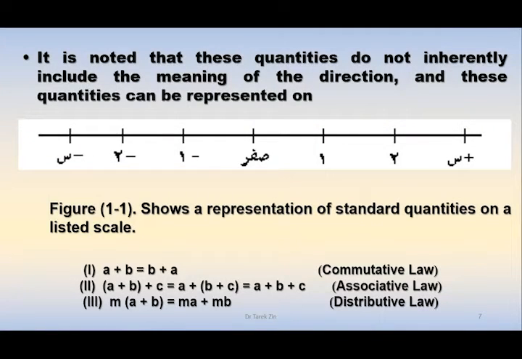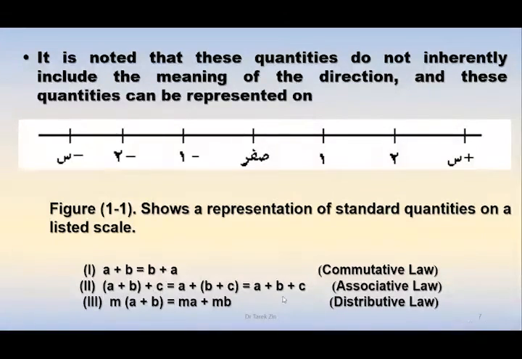the associative law and the distributive law. We are going to find there is no difference between adding A plus B or B plus A, because the numbers don't have any meaning for the commutative law.